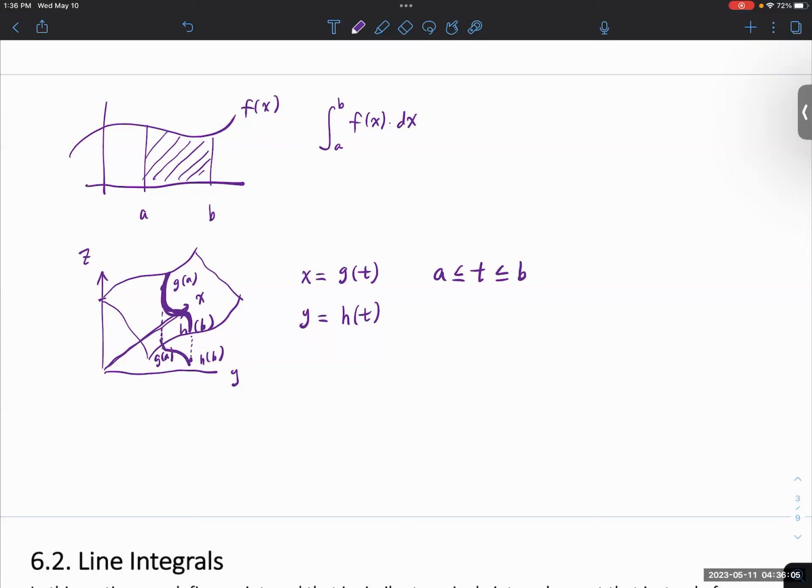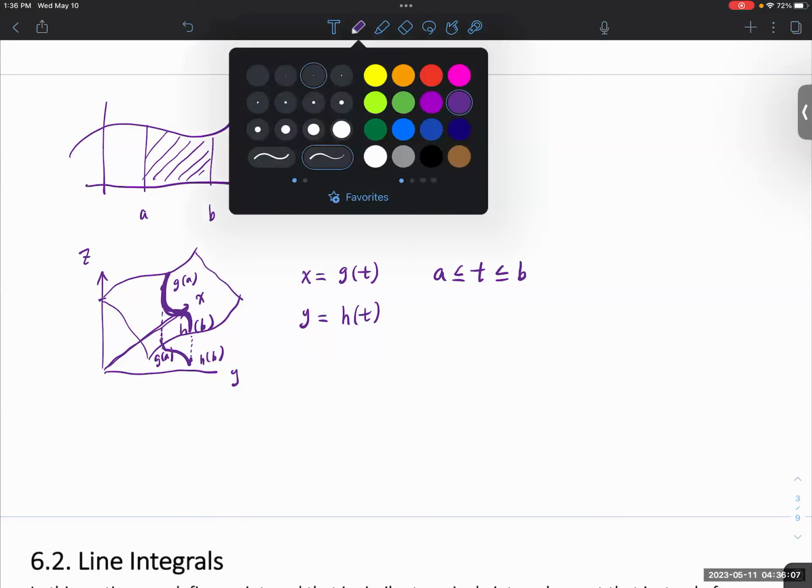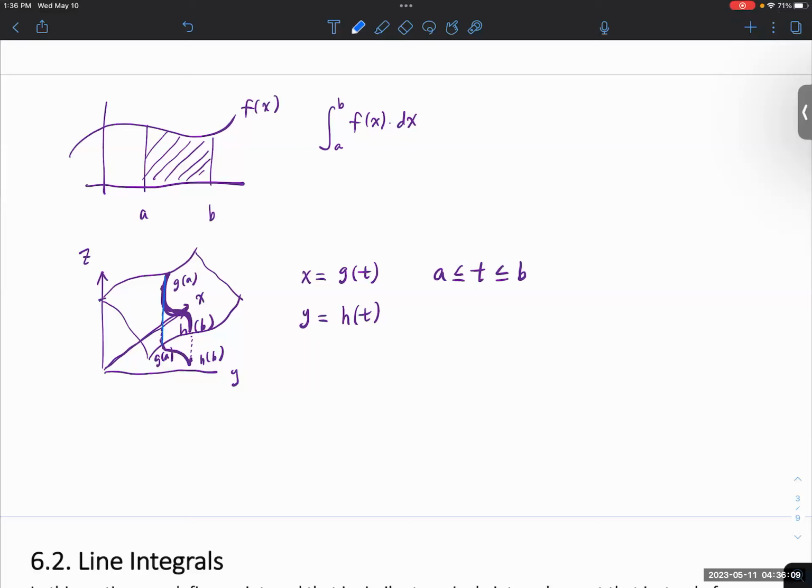So we have this. It's a little bit abstract, but do you see that? There's a plane between a and b with respect to the t variable. And let's say I want to find this area in three-dimensional space. So this was a two-dimensional space, and this is a three-dimensional space.